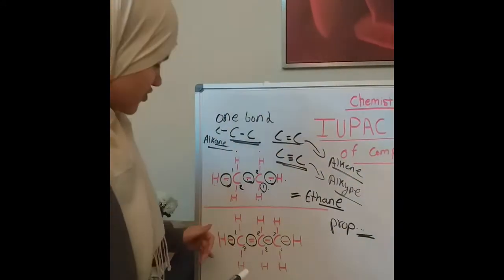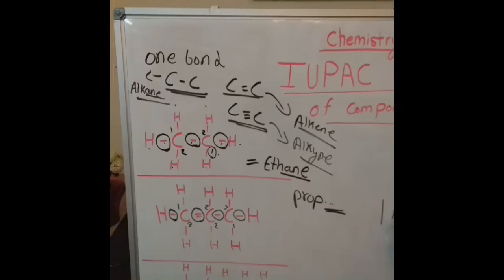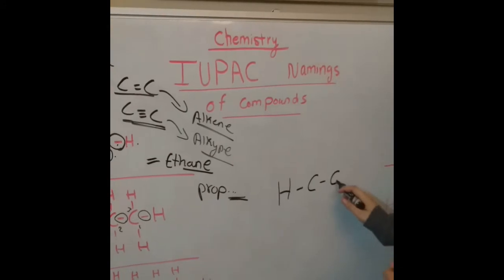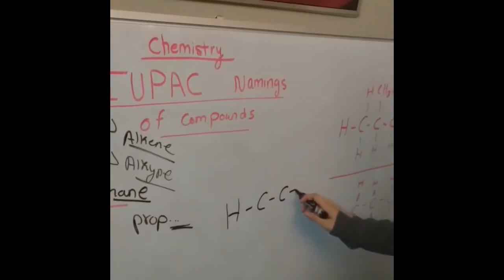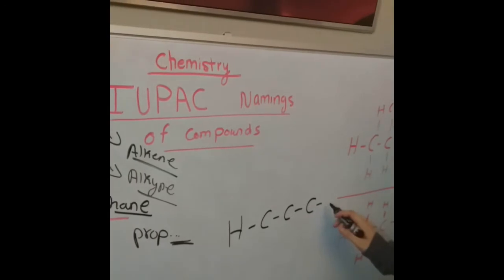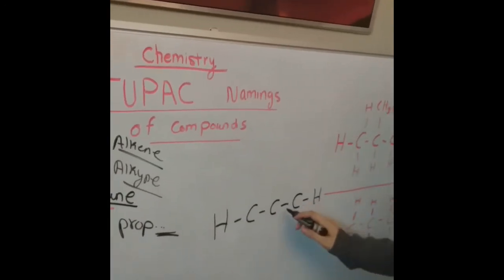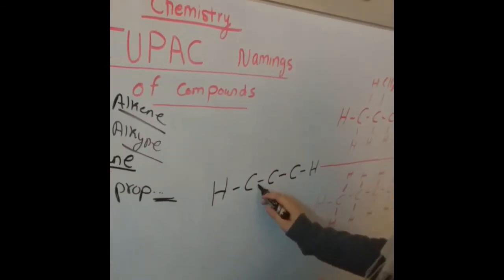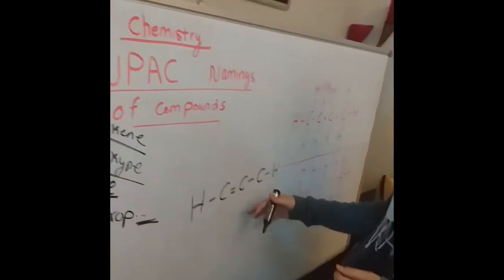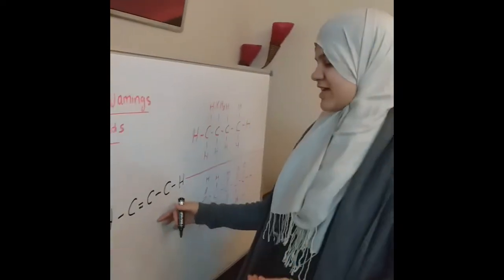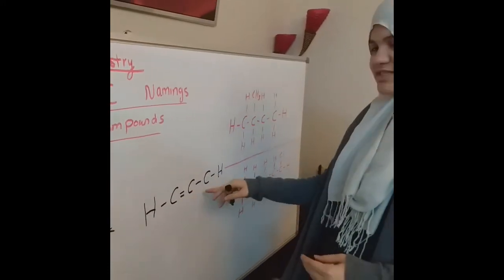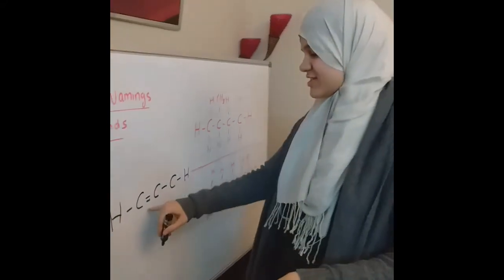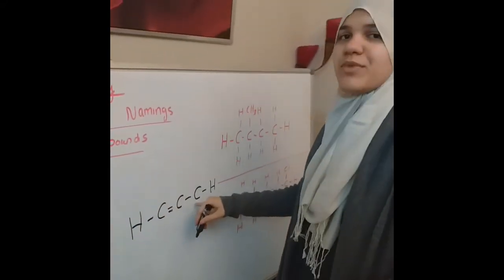So let us solve this compound. Hydrogen, 1 bond, carbon, 1 bond, then another carbon, then hydrogen. But here of course we have 1 bond, 1 bond, 1 bond, 1 bond. Then we'll make here a double bond. As we told, there are 3 carbons. That means prop. The suffix name we don't know yet because there is a double bond and 1 bond.